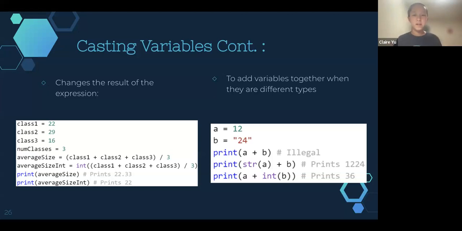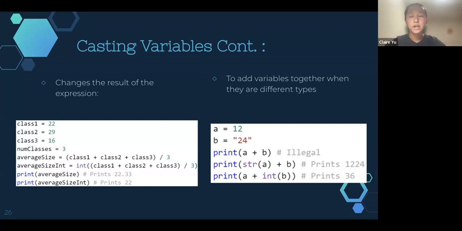That doesn't work. So in order to actually add these together, we want to change them to the same data type. So meaning they can both be strings or they can both be integers, but we can't have both. So we have print str of a plus b. str of a is basically 12 with quotation marks around it.